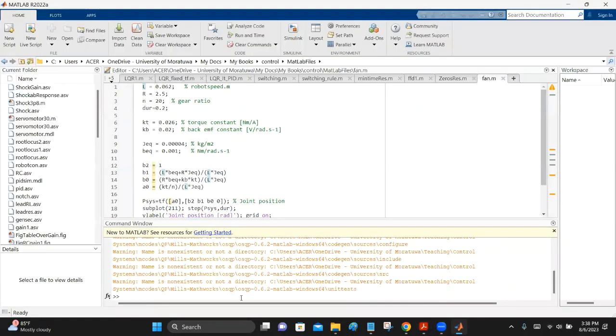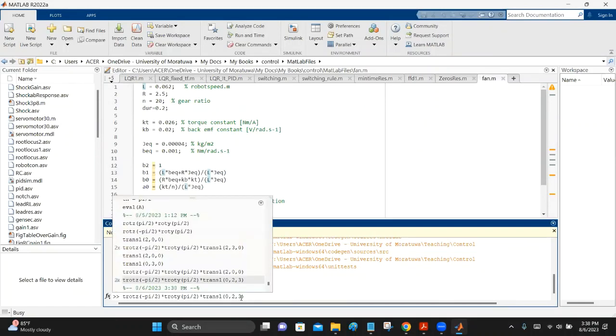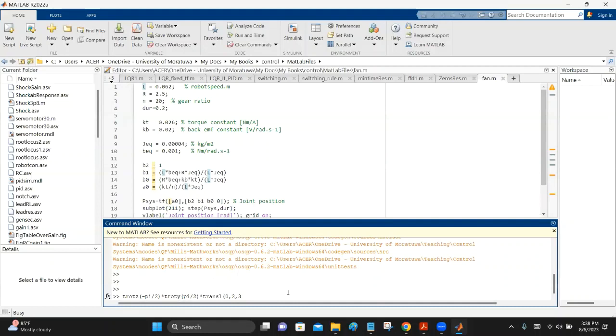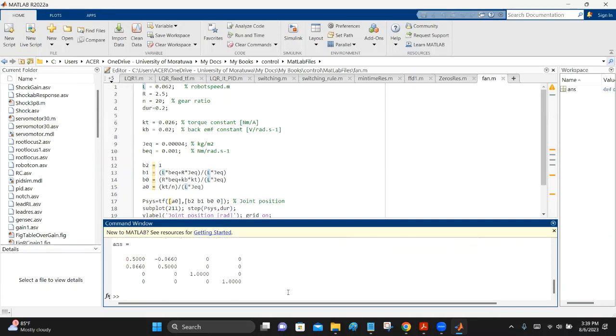So in MATLAB, we can find that out. trotz is the robotics toolbox command for the homogeneous transformation matrix of a rotation around the z-axis. Let me give an angle, say pi by 3. So this is what I get. Look at this configuration.